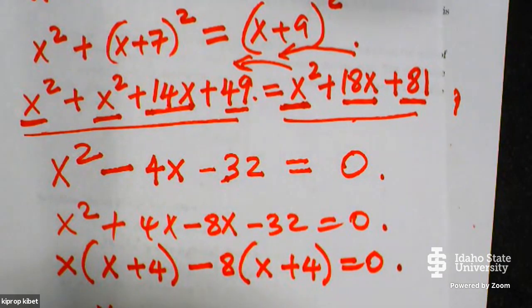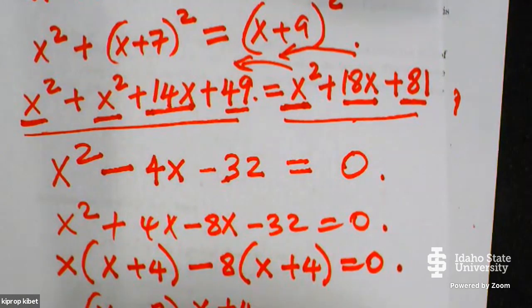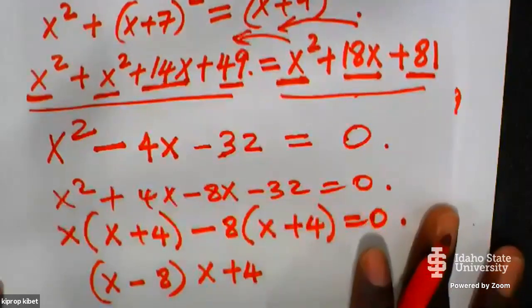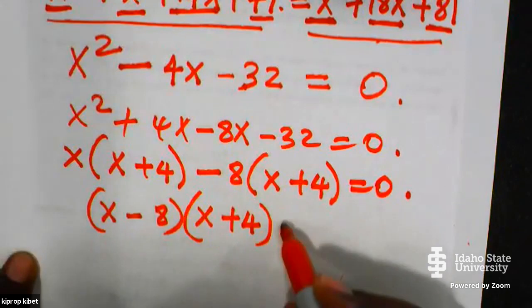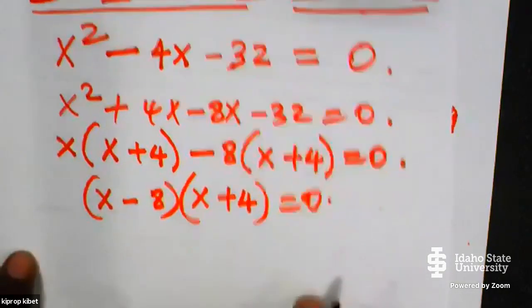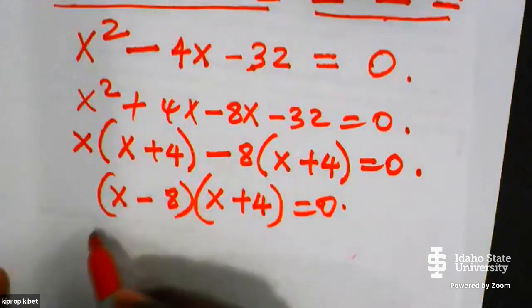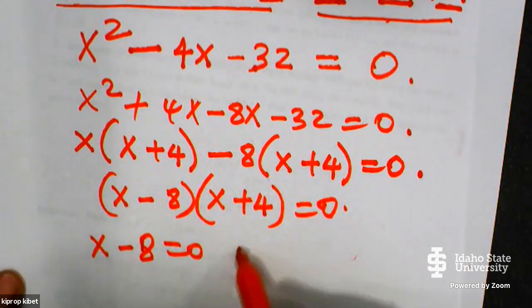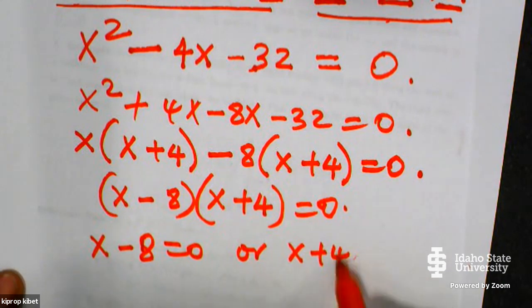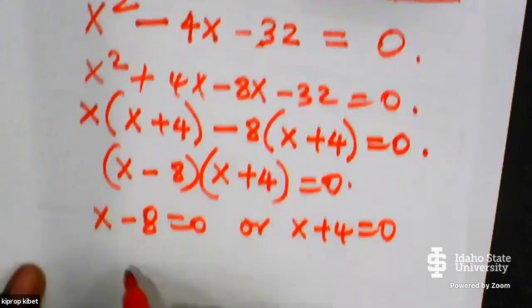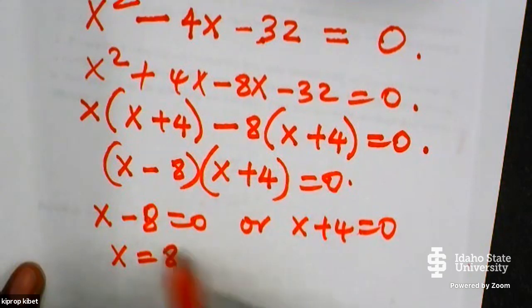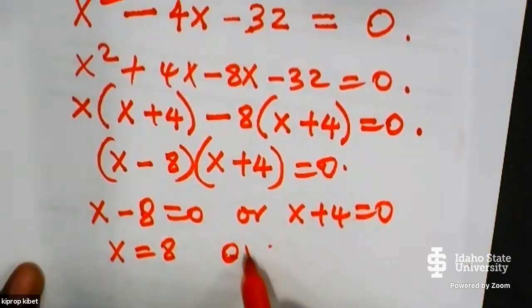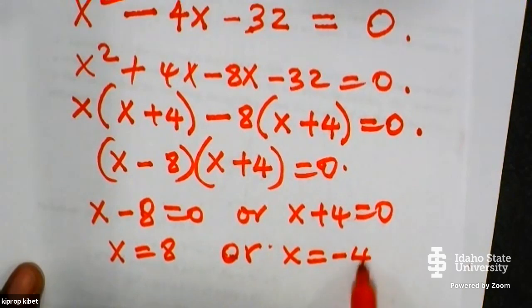So we have (x minus 8)(x plus 4) equals 0. Using the zero property, x minus 8 equals 0, or x plus 4 equals 0. So finally we have x equals 8, or x equals minus 4.